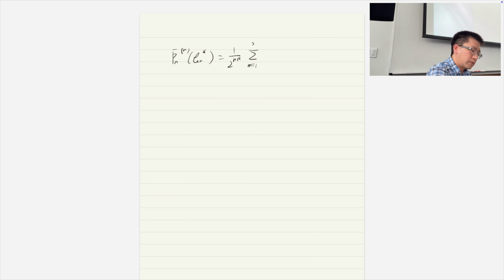The sum from M equals 1 to this number of P-E-M. Okay, so it's a counting problem. We just compute that. This guy is bigger than or equal to this guy.